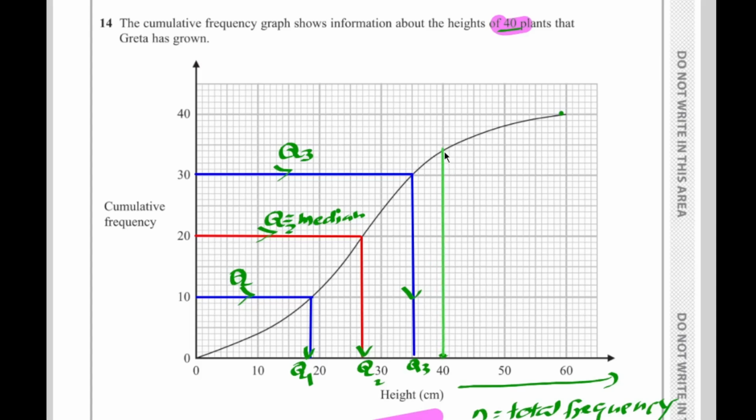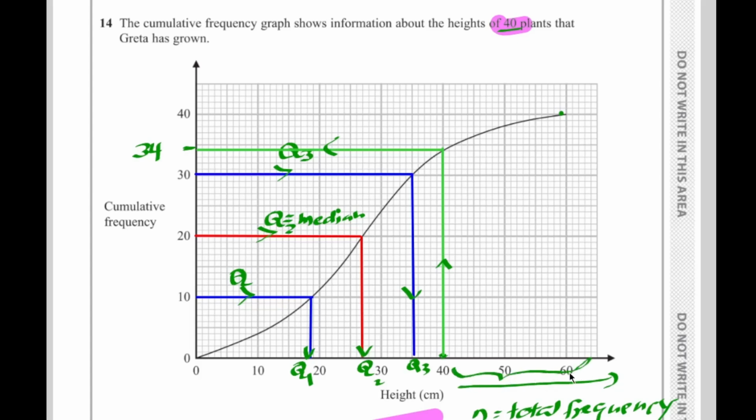And to get the frequency, you need to come to this side. So we are coming over here. This time, instead of going down, we are going here. Now you need to get this reading. This is 34. So we need to get the plants which are the height greater than 40 centimeters.